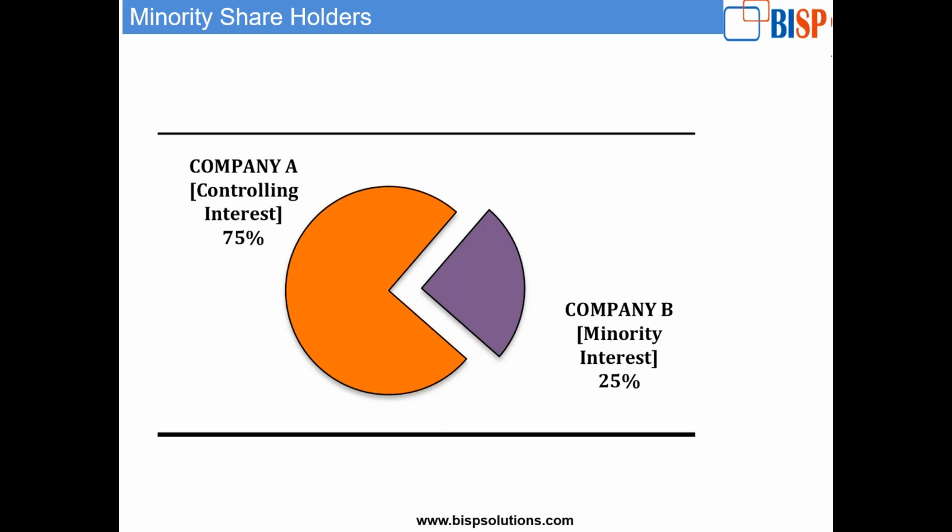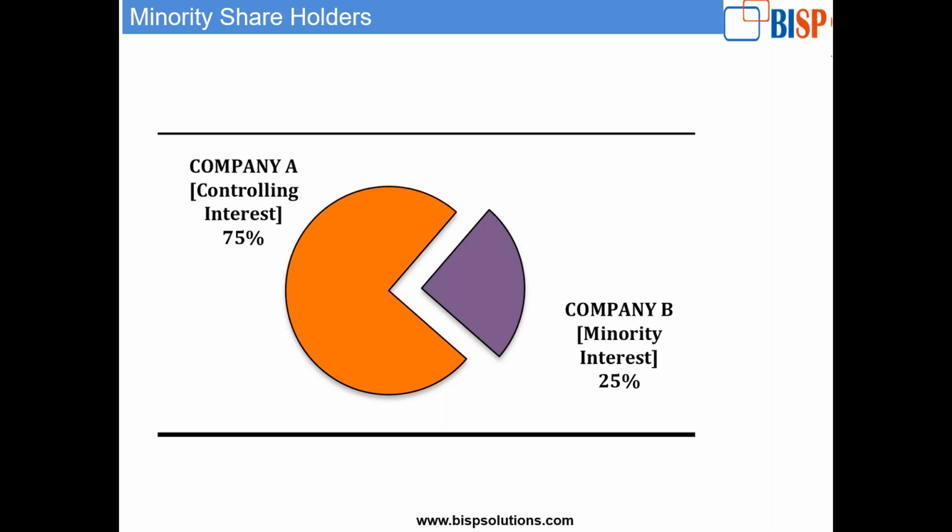So company A will be the parent company for company C, because if you take ownership of more than 50% in the other company, you get the controlling interest, and you get sufficient power that you can influence the outcome of the company.